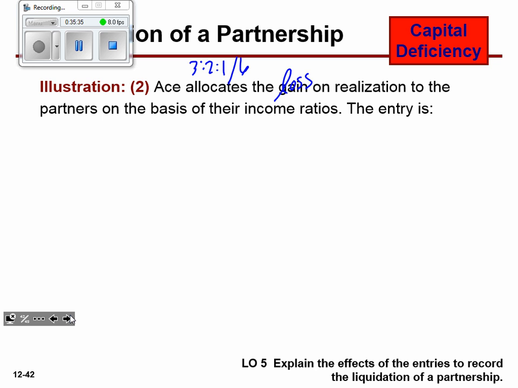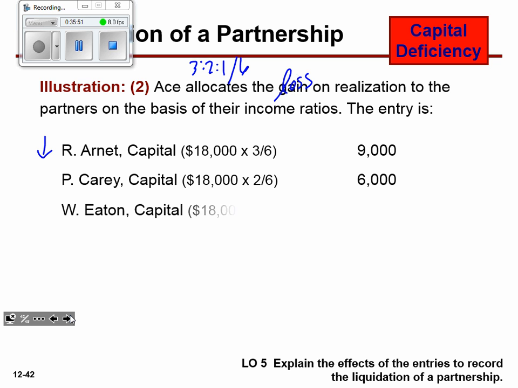Okay, good. So the partners, there's 3 of them. The 3 to 2 to 1 split over 3 plus 2 plus 1 equals 6. So instead of capital going up, we're actually seeing capital go down. So we have this loss, but we got to share.